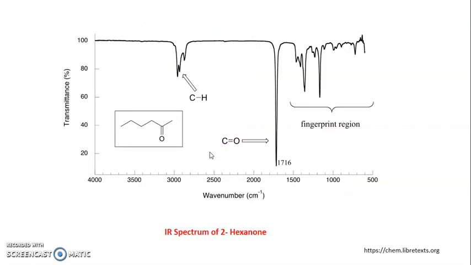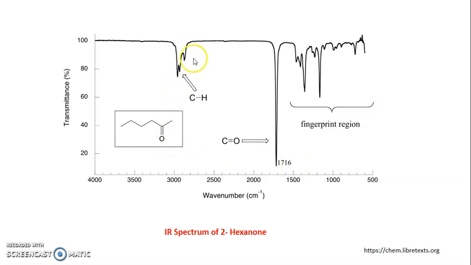Now, let's take a look at the IR spectrum of 2-hexanone. The main absorption peak in this spectrum is from the carbonyl double bond at 1716 cm inverse.